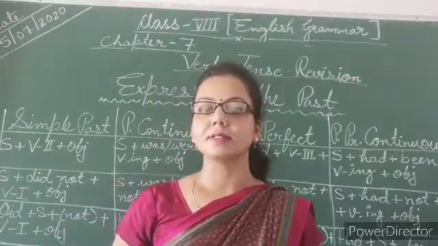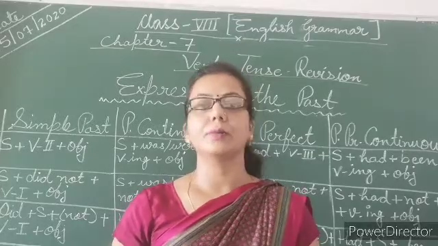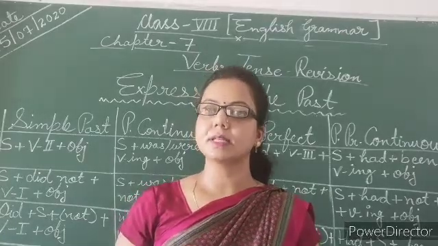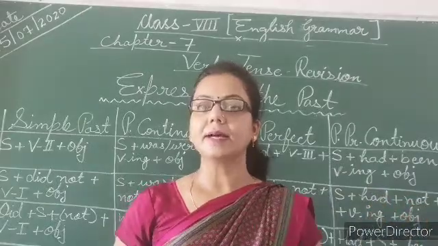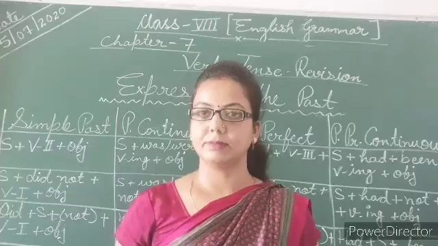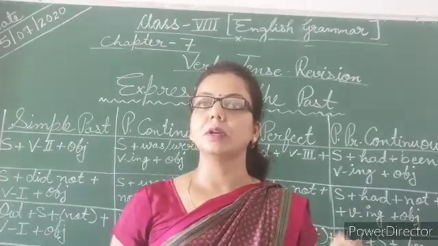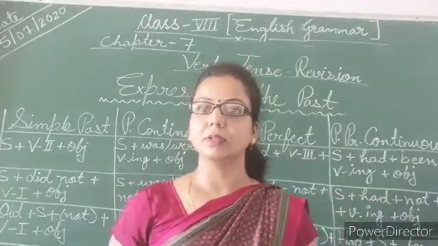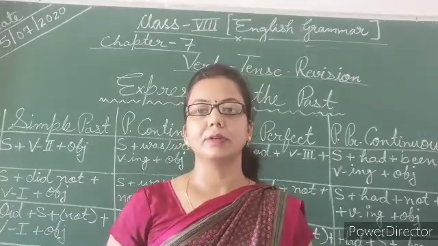Past continuous tense. Continuous means the action that is going on, but here we are talking about the past. So in the past continuous, we talk about something that was going on in the past, in the time before right now. So my dear students, have a look here at the affirmative, negative and interrogative forms.